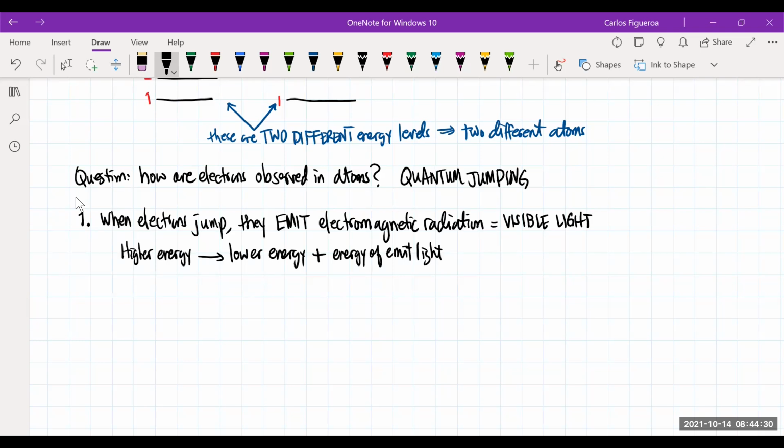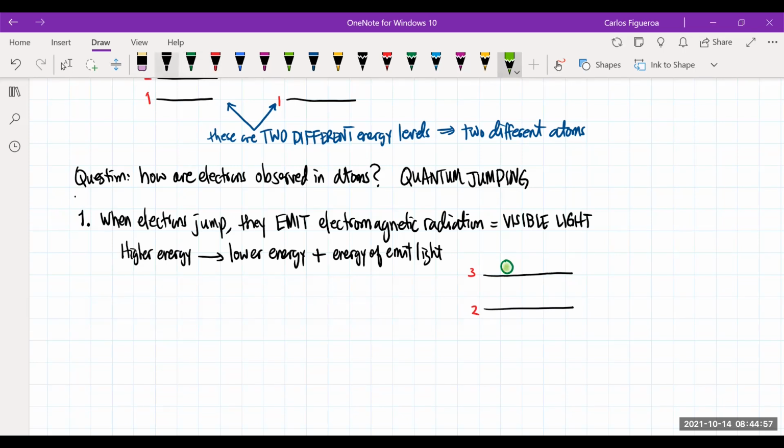So in this case, we could then say something like this. Let's say that we have energy levels that look like this here. So I have an energy level, and let's say that this guy is 3 and this is 2. So now what I have here is an electron that's jumping. That means as it jumps, it falls from energy 3.